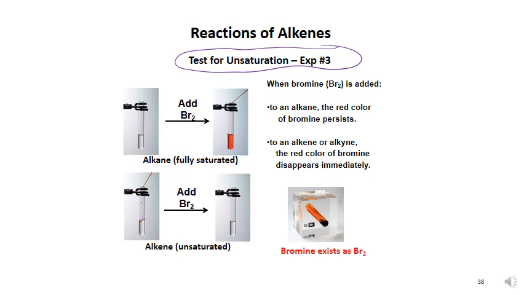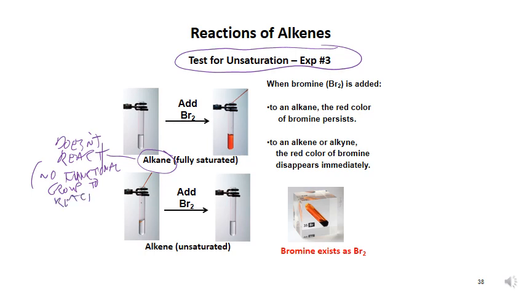And it's pretty clear that when you have an alkane, it doesn't like to react because it has no functional group, no place to react. So it just sits there.